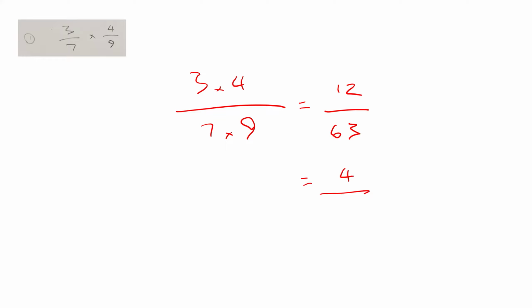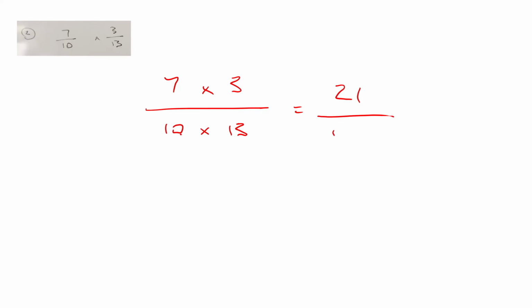And 63 may not have jumped out at you, but 30 is obviously divisible by 3, 10 times. Therefore, 60 is, and this is only one more 3 more than 60. So 30 was 10, so 60 is 20, so 63 is 21. So 12 over 63 is our original answer, but a better answer is 4 over 21 because this is simplified.